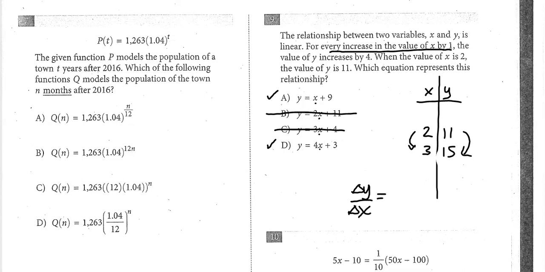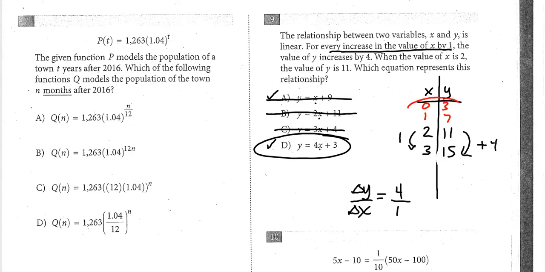So the change in y, we're going up by 4 every time we go up by 1 over here. So we have a slope of 4. So I know the correct answer is D. This one is out. You also could have gone backwards to get the y-intercept. You could have gone to 1 and subtracted 4, and then gone to 0 and subtracted 4, and then you would have found the y-intercept was 3, which also would have given you the right answer.